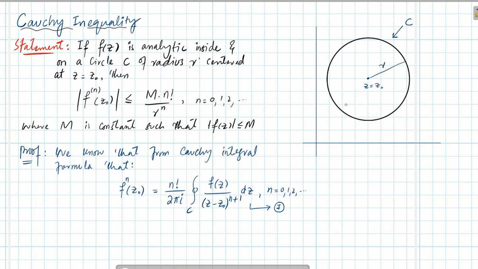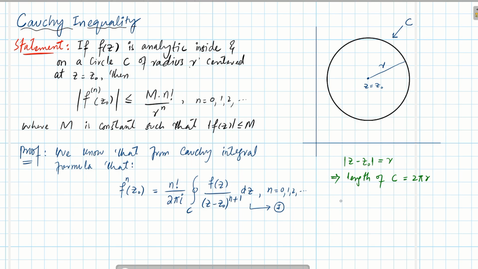Okay, so we know कि आपका जो सर्कल है इसका इक्वेशन कुछ आएगा mod z minus z naught is equal to r, right? And we know that the circumference of the circle is 2 pi r, or we can also say that the length of C is 2 pi r. Got it?